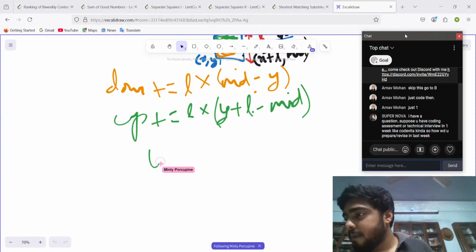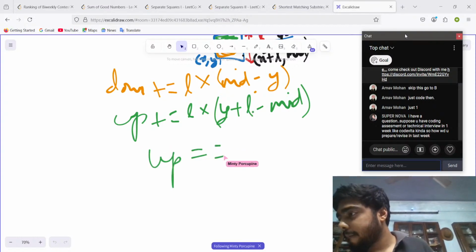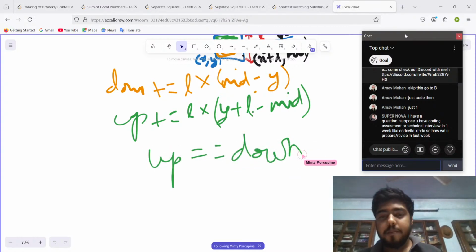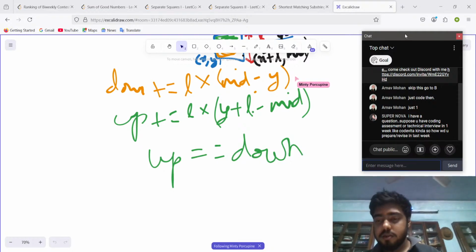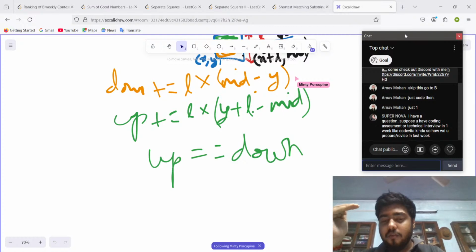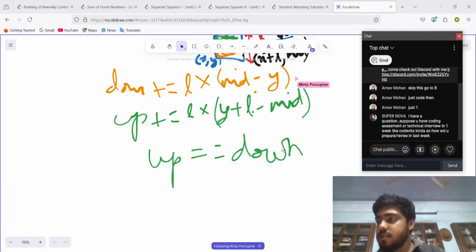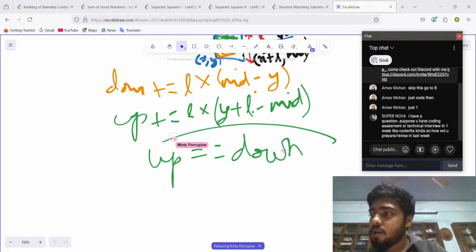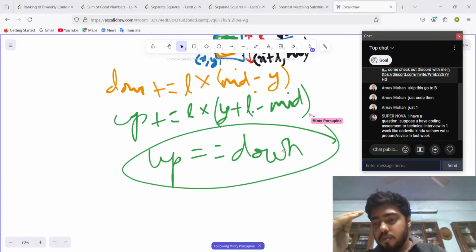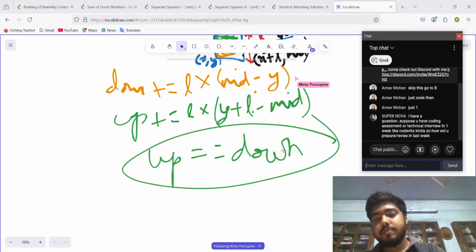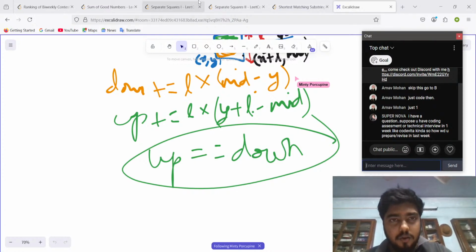It is going to be up is equal to down, right? Because you have to make it as equal as possible. But one more thing, we have to find out whichever is the minimum, the most minimum value. So if it is equal, but you can go more down, so go for it.